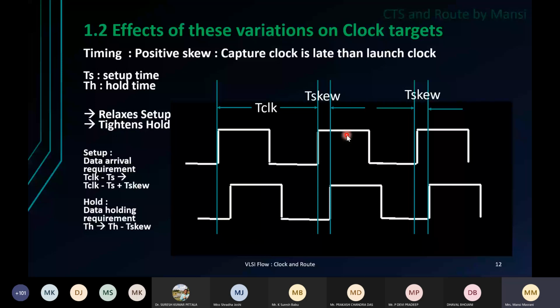My capture clock is a little bit delayed compared to the launch clock, and this is called the skew. Since the capture clock is later than the launch clock, this is what we call positive skew. Now what will happen in case the clock has positive skew? It will relax the setup time and it will tighten the hold time.